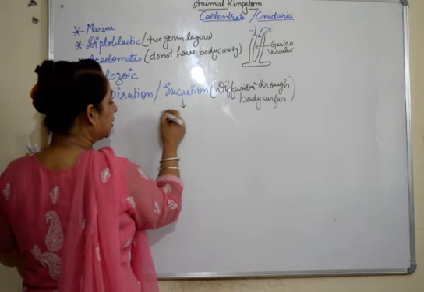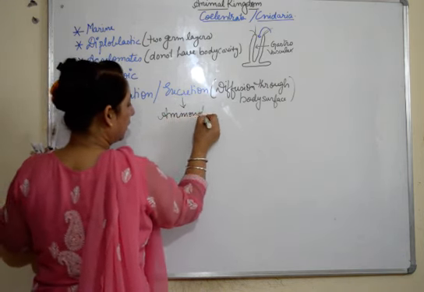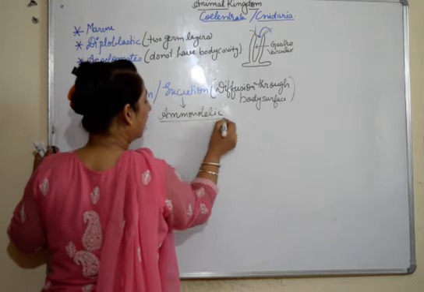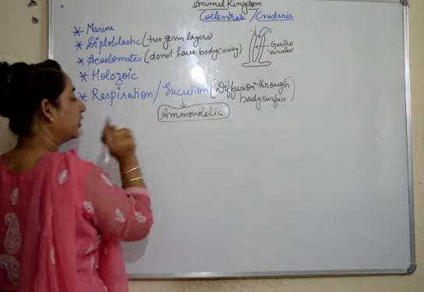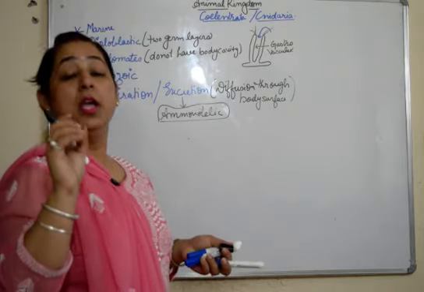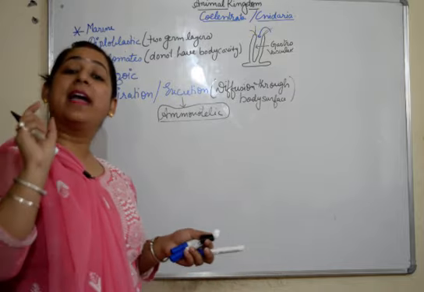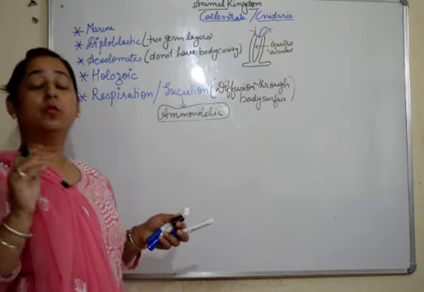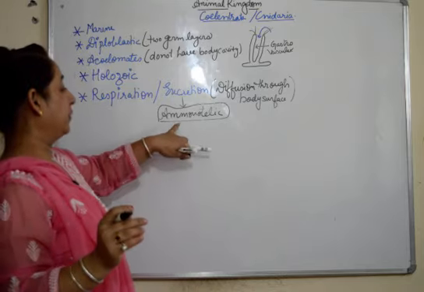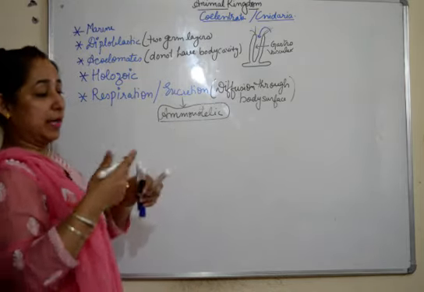Now in excretion, they are ammonotelic, because they excrete out ammonia. As already discussed during excretion, ammonotelic are the organisms which excrete out ammonia, which is the most toxic waste, and they have to be aquatic for it because it requires a lot of water for the excretion of that type of waste. So they are ammonotelic, they are aquatic also.